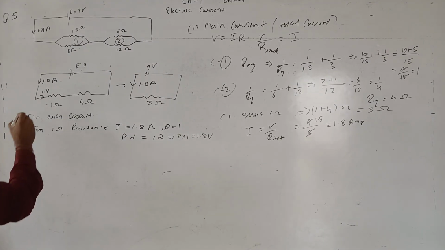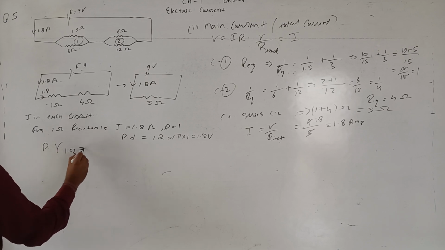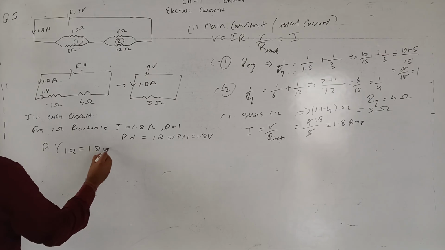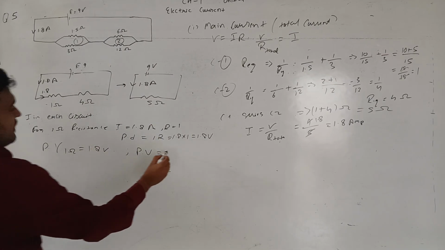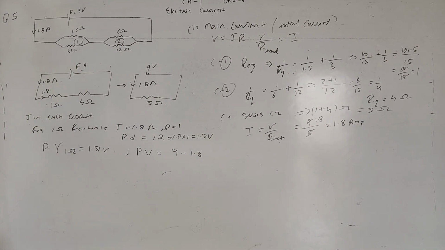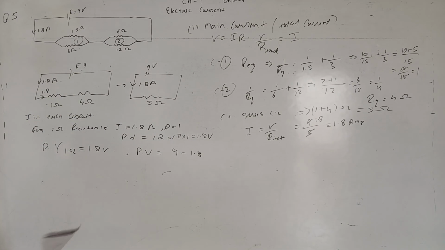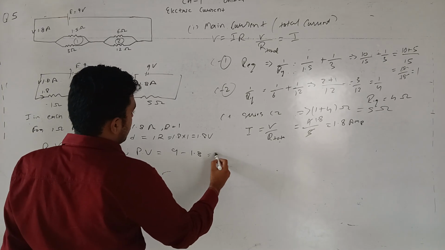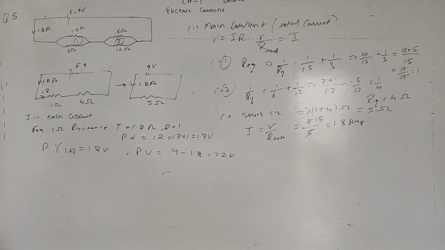So the potential difference V across the 1 ohm resistance is 1.8 volt, and the potential difference across the other will be 9 minus 1.8, because the total potential is 9, so 1.8 is dropped across this resistance, and the rest is dropped across the 4 ohm resistance, which will be 7.2 volt.